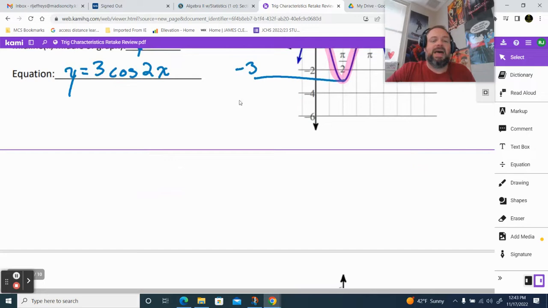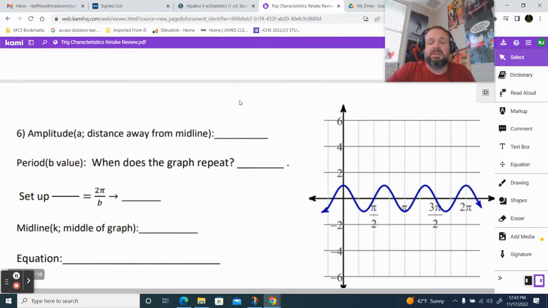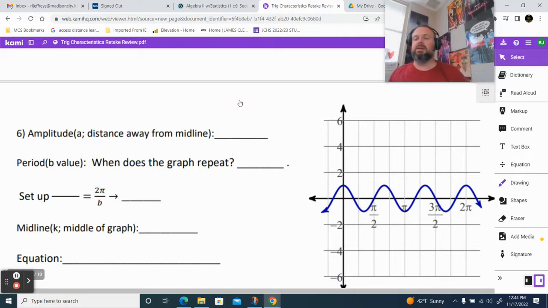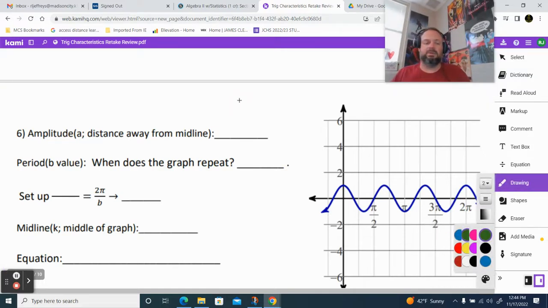Now, I thought this was a good example, but it is not, and I'm going to tell you why. We can find everything except for the period on this one. First of all, x0 starts here. That is a maximum, so this automatically is a cosine.